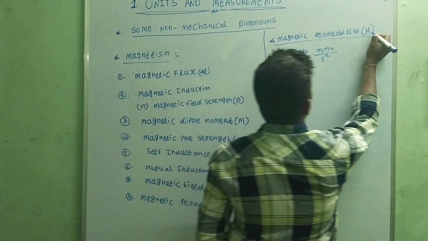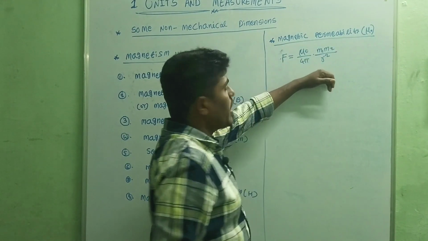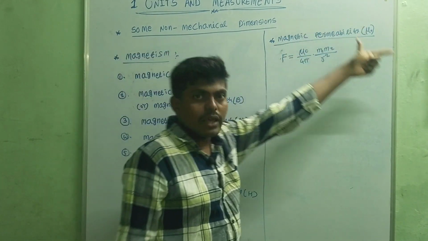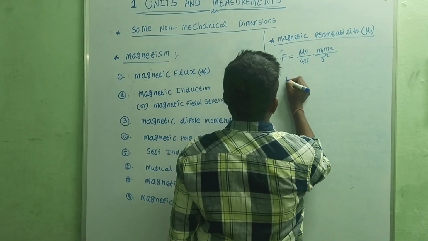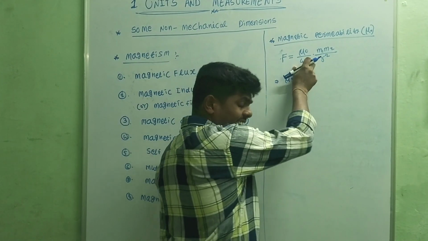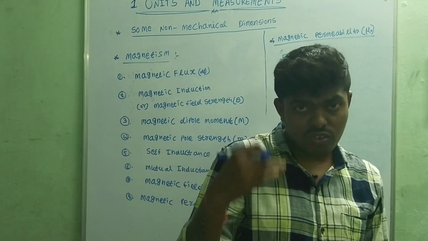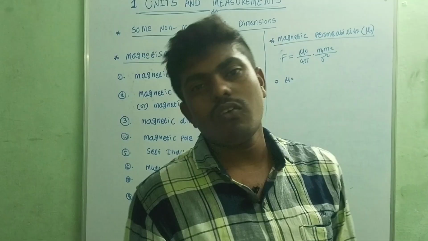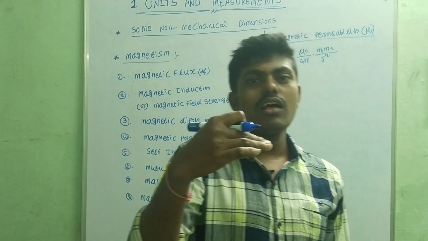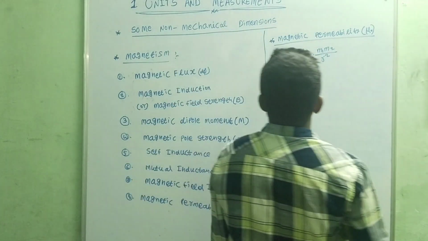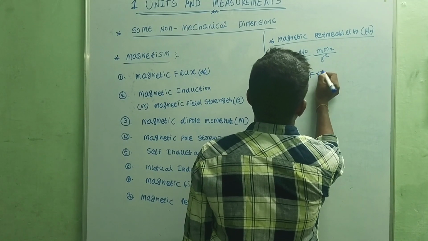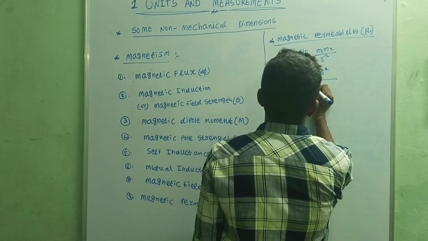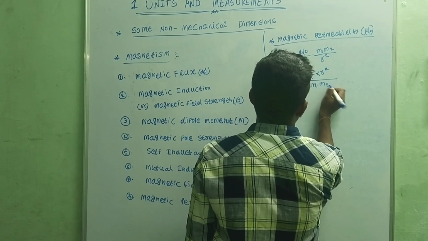Now we want to know the dimensions of magnetic permeability, so we write it as mu naught. 4 pi is a numerical value, so it can be neglected according to our dimensional rules. So mu naught equals F into r square by m1 m2.